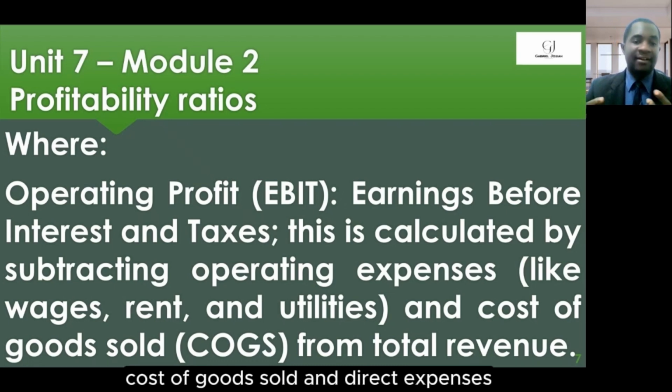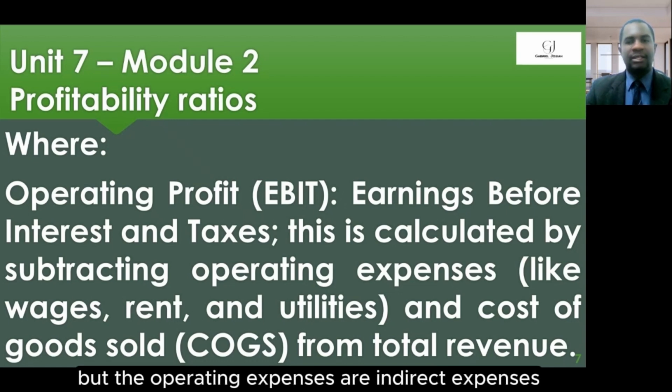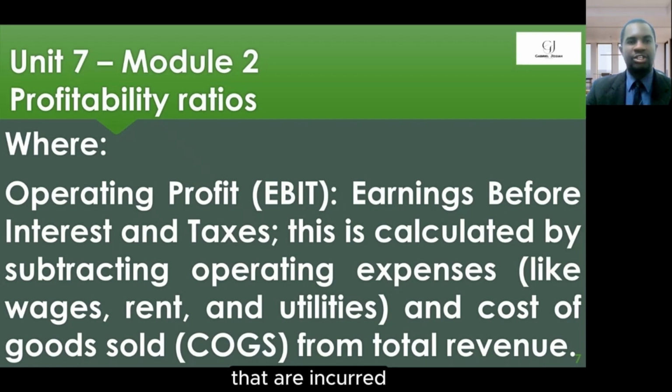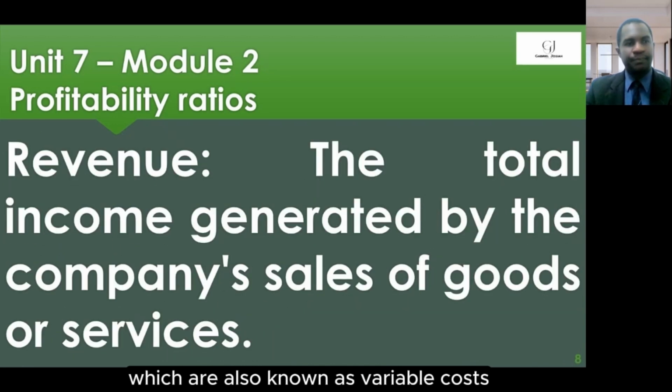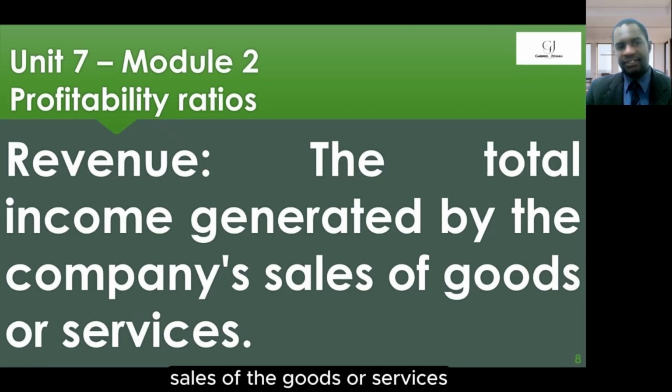Cost of goods sold are direct expenses, which has to do with items we incurred to bring the product or service to the consumer. But the operating expenses are indirect expenses that are incurred, which are also known as variable costs.